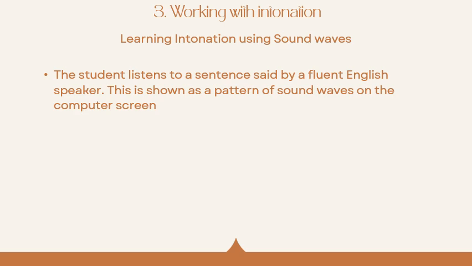And then the computer will tell them exactly whether their speech is exactly the same as the native speaker or not, right? Whether their intonation, their sound, their pronunciation match that of the native speaker or not. It can tell students what they say wrong and give them a chance to try again until it matches.